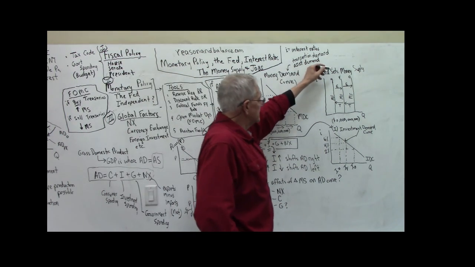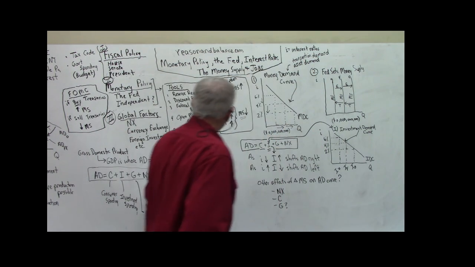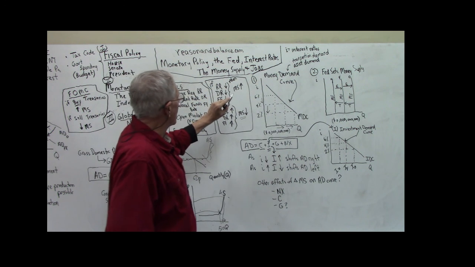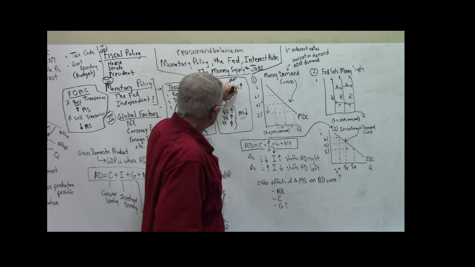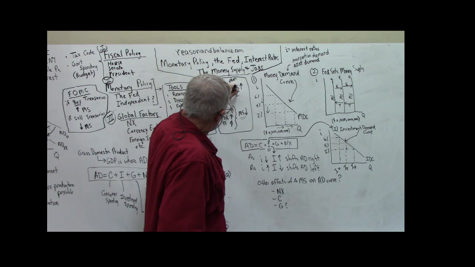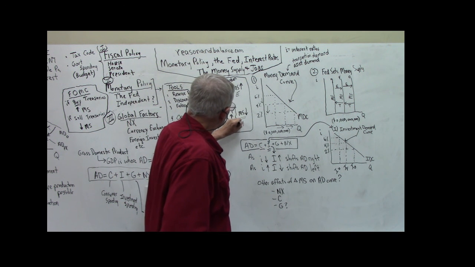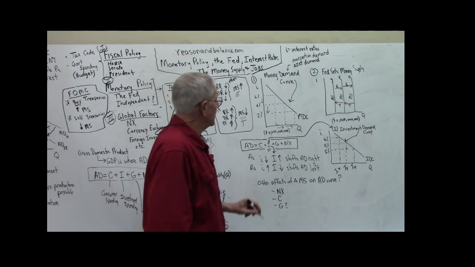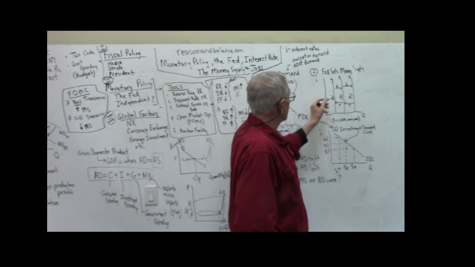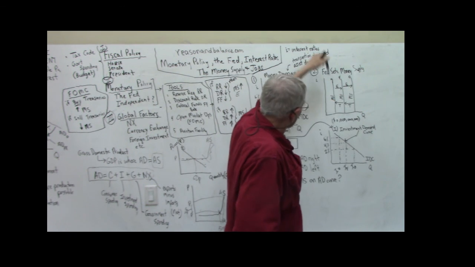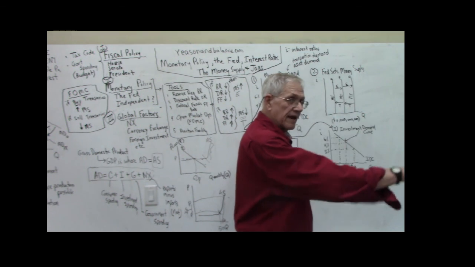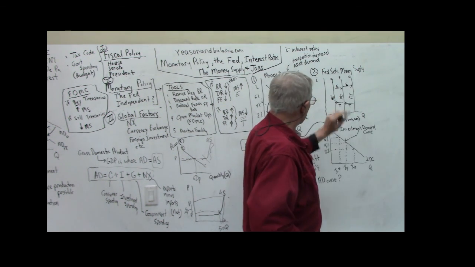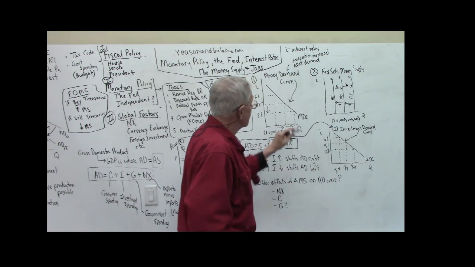Now when the Fed sets the money supply, easing is when the money supply goes up. This is called easing. When the money supply goes down, this is called tightening, okay? Now, when the Fed sets the money supply, that's the amount. There's no demand curve. It's a set figure, and that's why that line is vertical, okay?